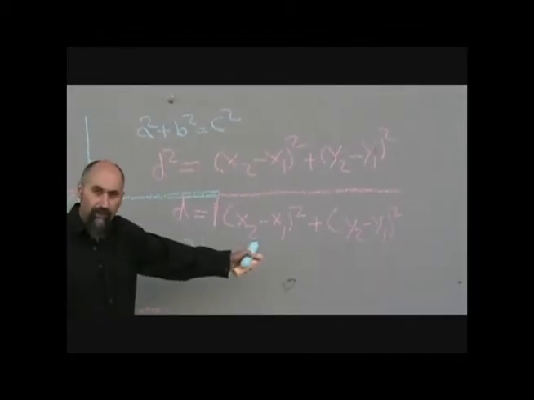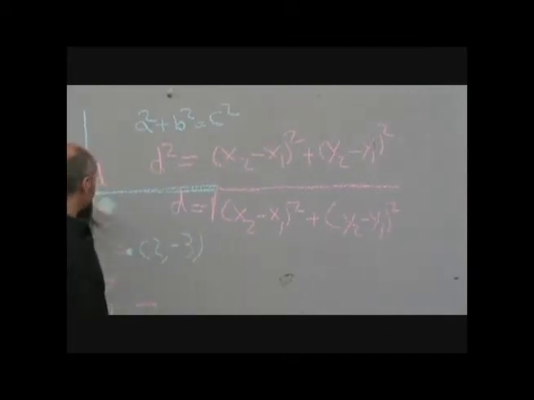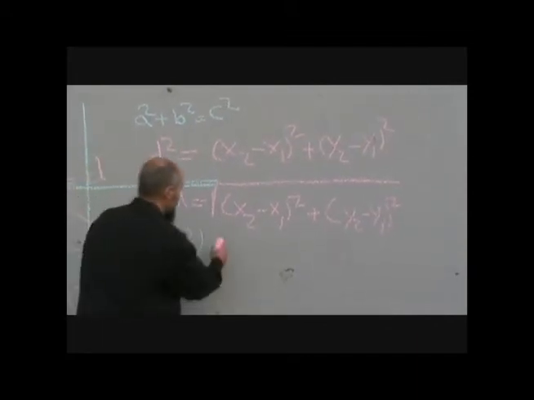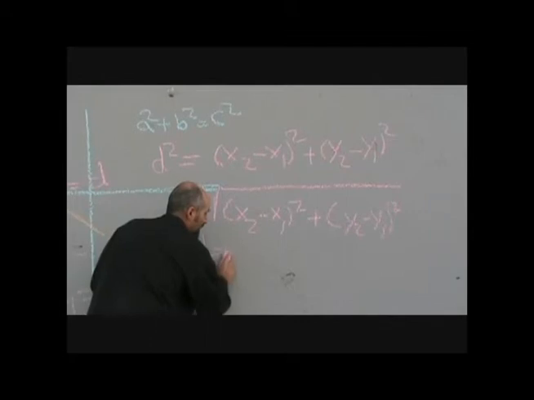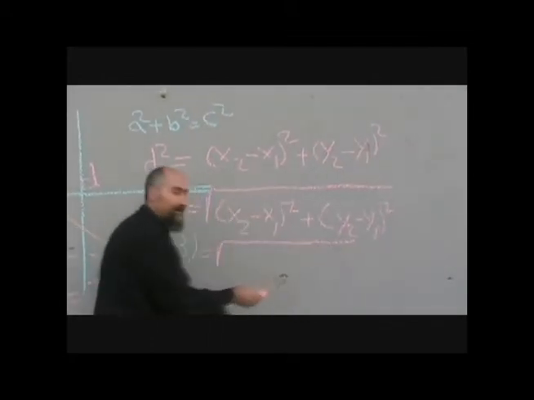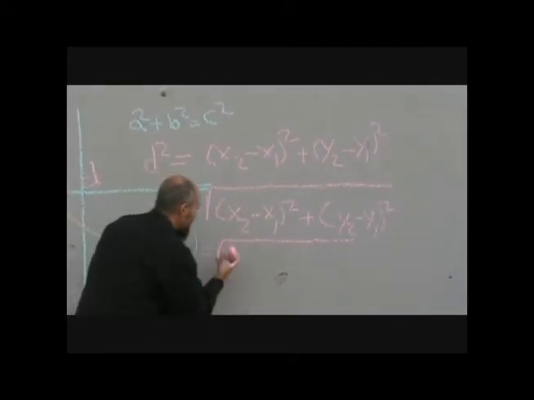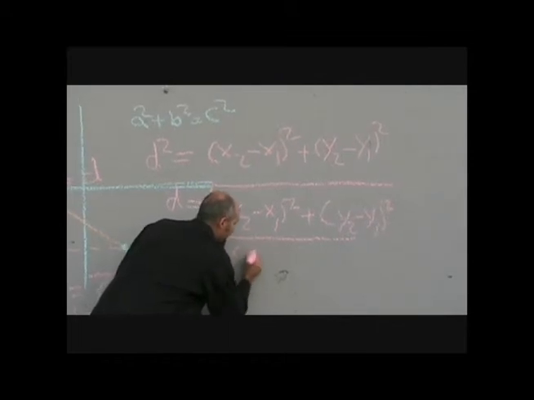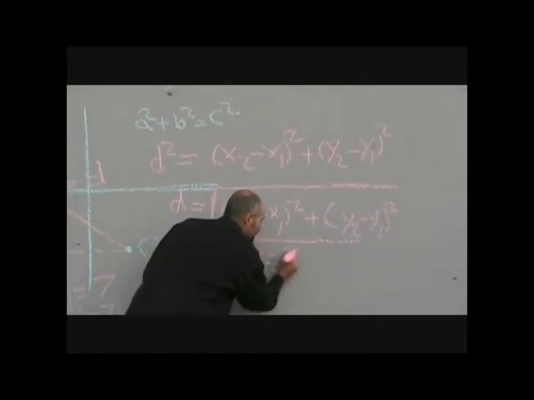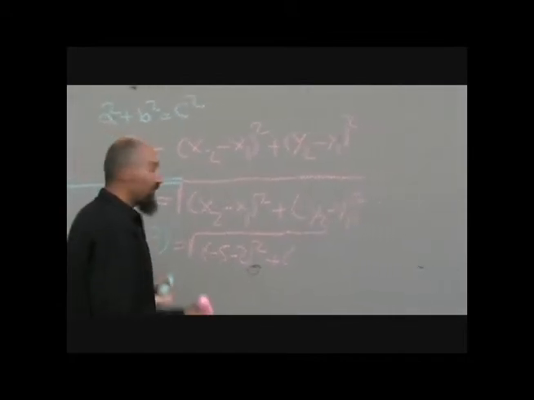That's the distance formula. We figured out what x2 minus x1 was, which was negative 5 minus 2. I'm just going to recreate it here so you see how it follows. It becomes (negative 5 minus 2) squared plus (y2 minus y1) squared, where y2 was 2 and y1 was negative 3, so 2 minus negative 3 squared.